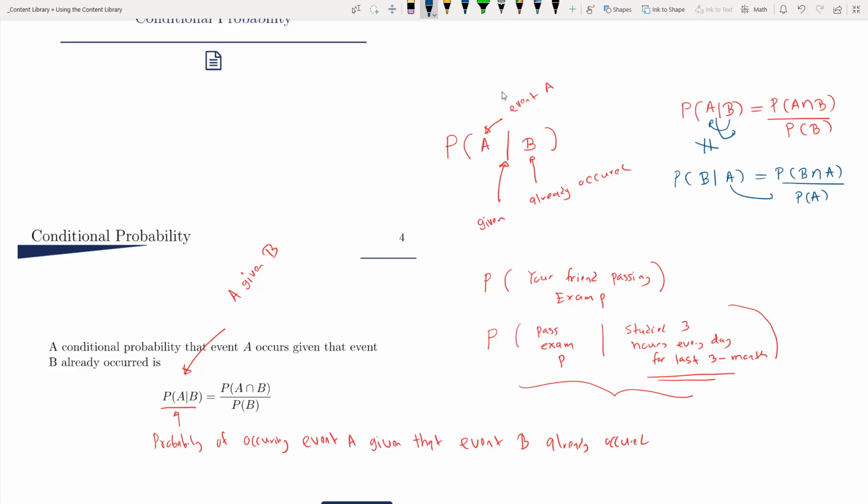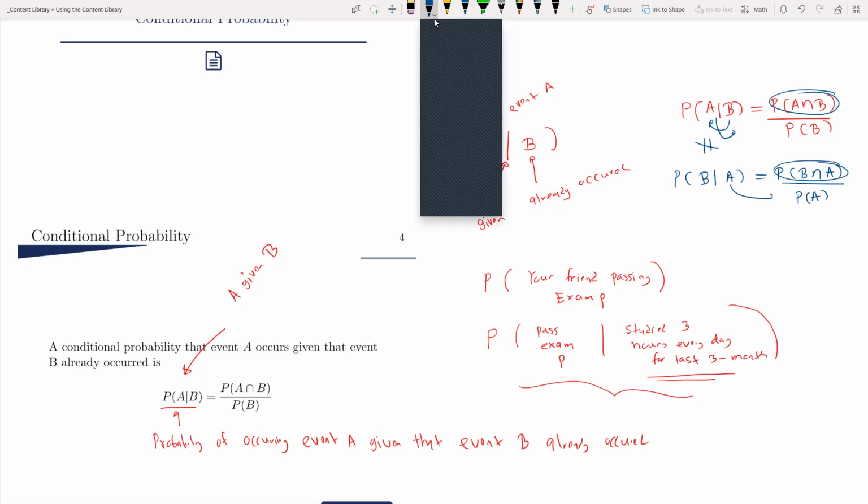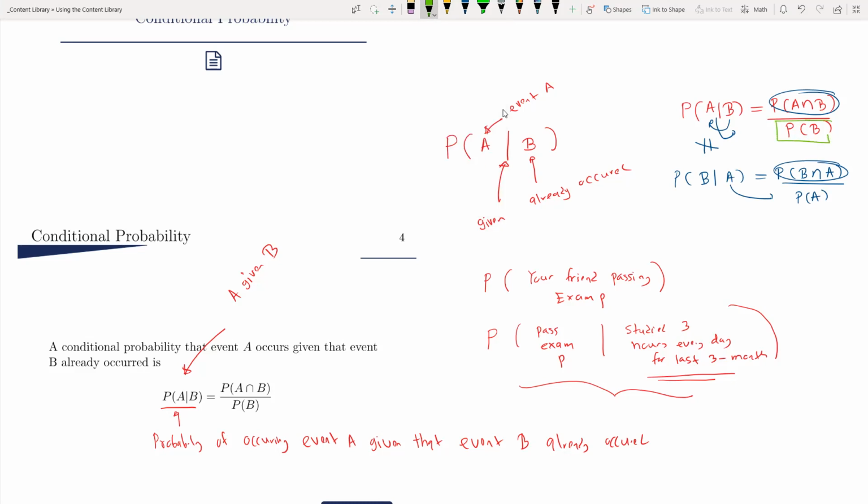Probability of A given B is not the same as probability of B given A. Even though the numerator looks the same, the denominator is different. So this is the conditional probability formula, and upon this formula, you can really build Bayes theorem. But before that, we will do some examples and try to understand this concept very well.